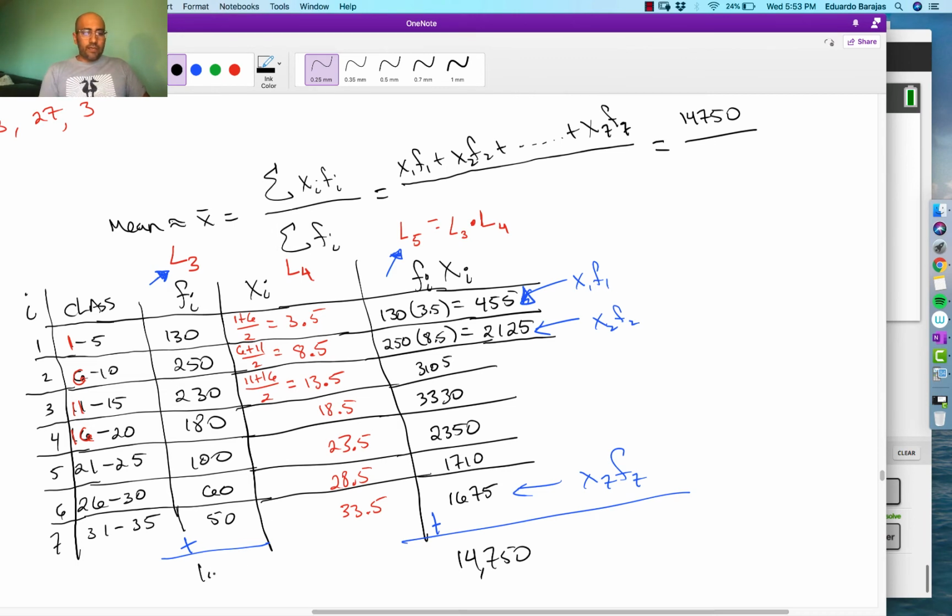So this whole thing is 1,000, the sum of all these values. And what are these values? Well, this is the number of students. 130 students answered a value, when asked how many hours they studied, that lands inside this class. 250 students answered a value that lands inside this class.